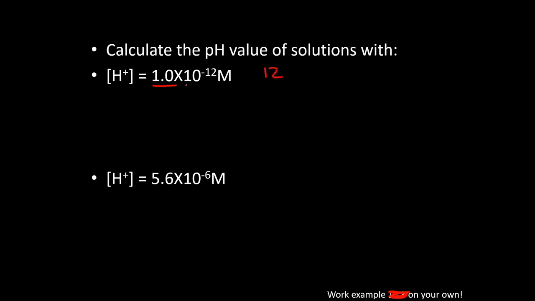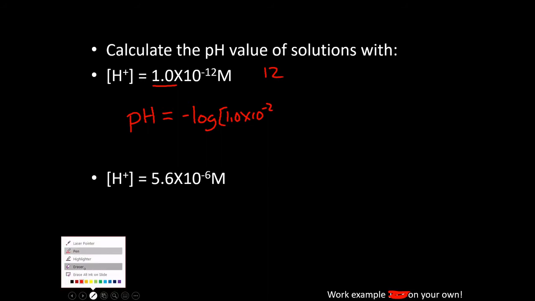But let's go ahead and do the math anyway. So if we plug this into the pH equation, it tells us the pH is the negative log base 10 of the concentration of the hydronium ion, which is 1 times 10 to the negative, oops, I should write that correctly, not negative 2, negative 12.